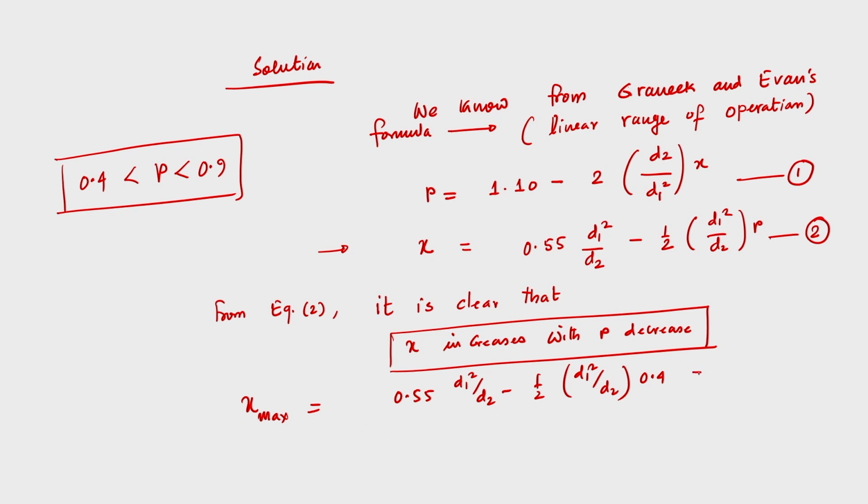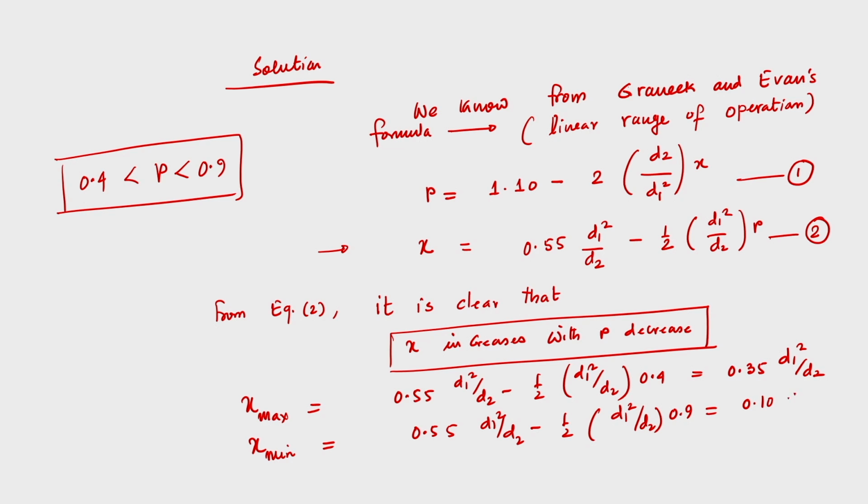It will give us 0.35 d1 square by d2. And x minimum is equal to 0.55 d1 square by d2 minus half d1 square by d2 into 0.9, that will give us 0.10 d1 square by d2.